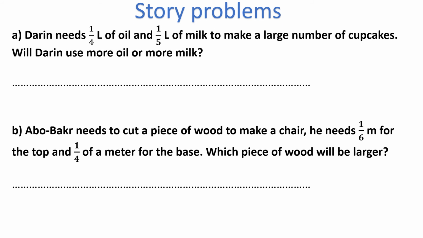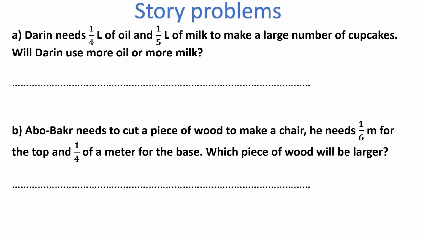Here we have story problems. Darren needs a quarter liter of oil and a fifth liter of milk to make a large number of cupcakes. Will Darren use more oil or more milk? Is a quarter greater than 1 over 5, or is a fifth greater than a quarter?